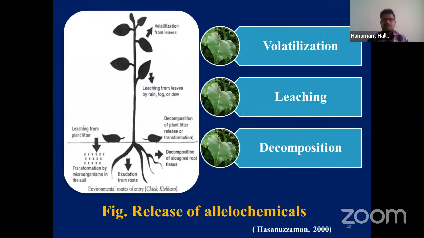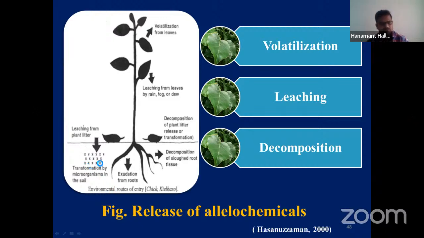So this is the release of allelochemicals. Some allelochemicals are released through volatilisation from leaves. Some leach from the leaves by rain, fog, or dew and affect other plants. Then there is decomposition of plant litter, release or transformation through decomposition of the root tissue, exudation from roots, and leaching from plant litter.